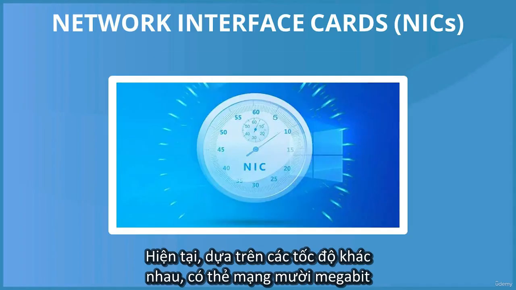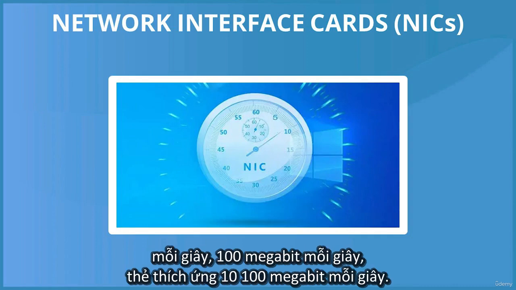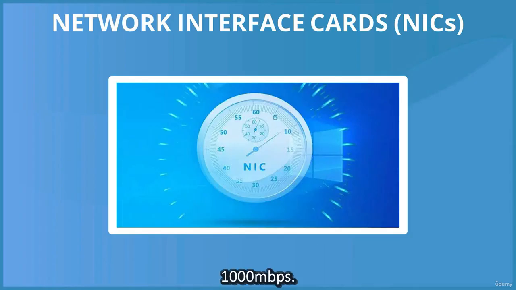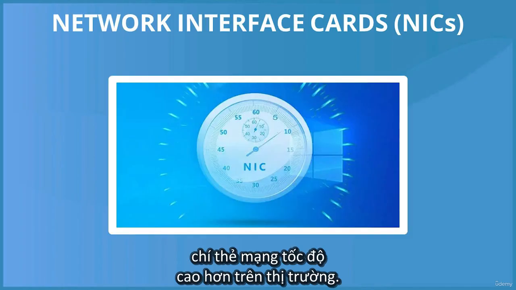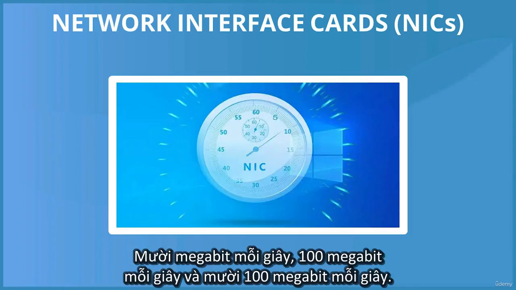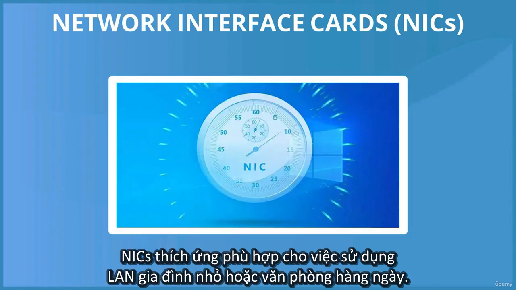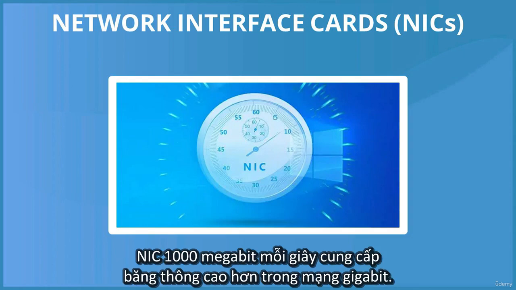Now, based on different speeds, there are 10 megabit per second, 100 megabit per second, 10/100 megabit per second adaptive cards, 1000 megabit per second, 10 gigabit Ethernet, 25G, or even higher speed network cards on the market. 10, 100, and 10/100 megabit per second adaptive NICs are suitable for small LAN, home use, or day-to-day offices. 1000 megabit per second NICs provide higher bandwidth in the gigabit network.